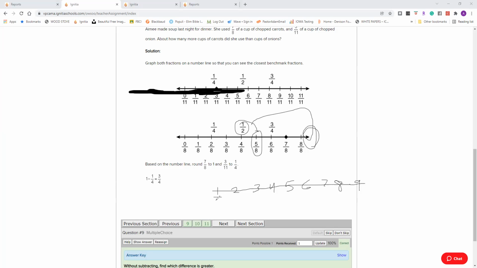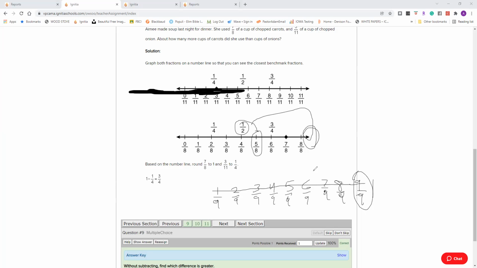So we've got 1/9, 2/9, 3/9, 4/9, 5/9, 6/9, 7/9, you get the idea, 8/9 and 9/9, which of course is a whole, or one.